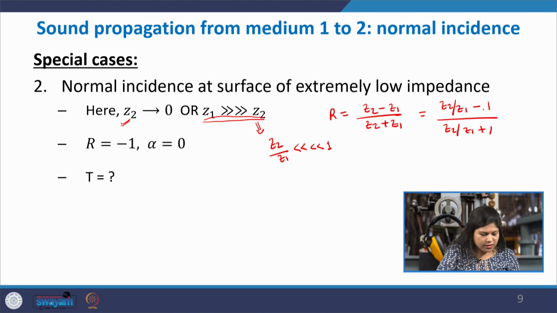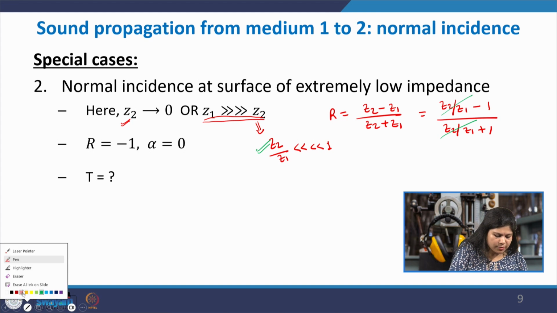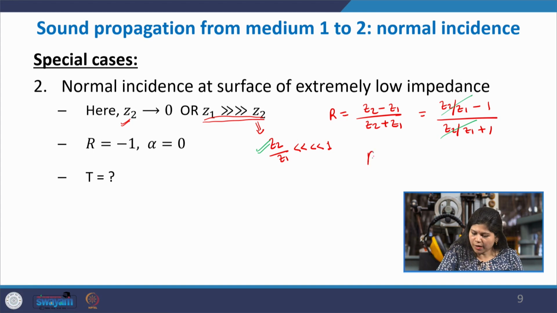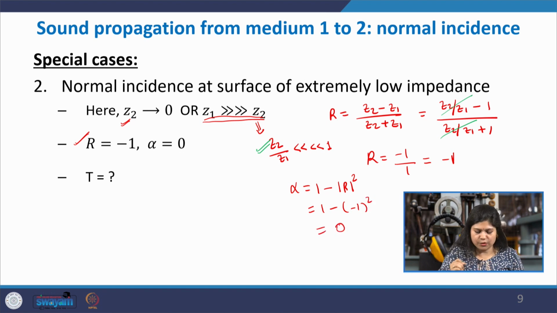So this term can be neglected compared to 1. R becomes minus 1 by 1, or simply minus 1, and alpha is 1 minus mod of R whole square, which is 1 minus 1 whole square, which again is 0.